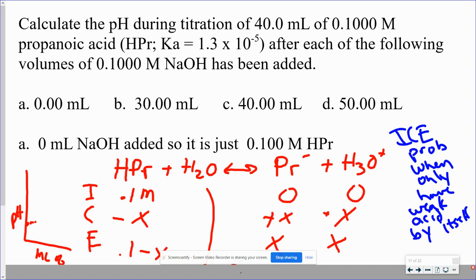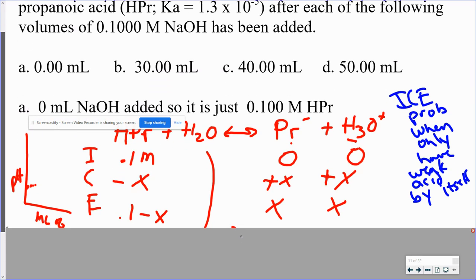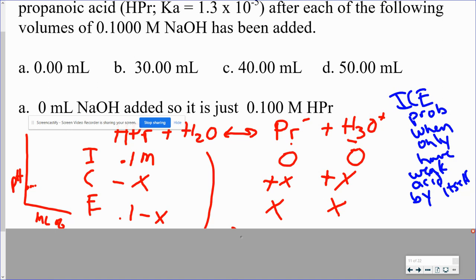We have our propanoic acid in water, and it's going to make its conjugate base and H3O plus. So it's 0.1 molar, 0, 0, and then it's minus X, plus X, plus X, so X and X, and 0.1 minus X, a typical ICE problem with a weak acid.